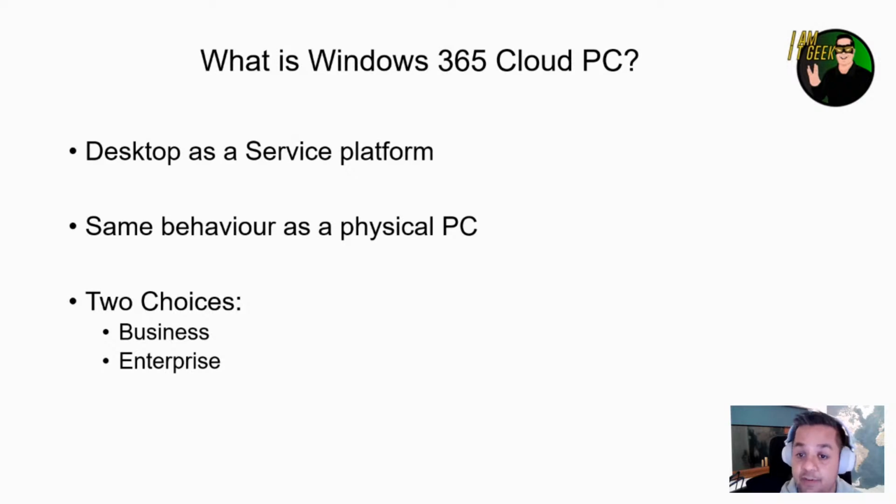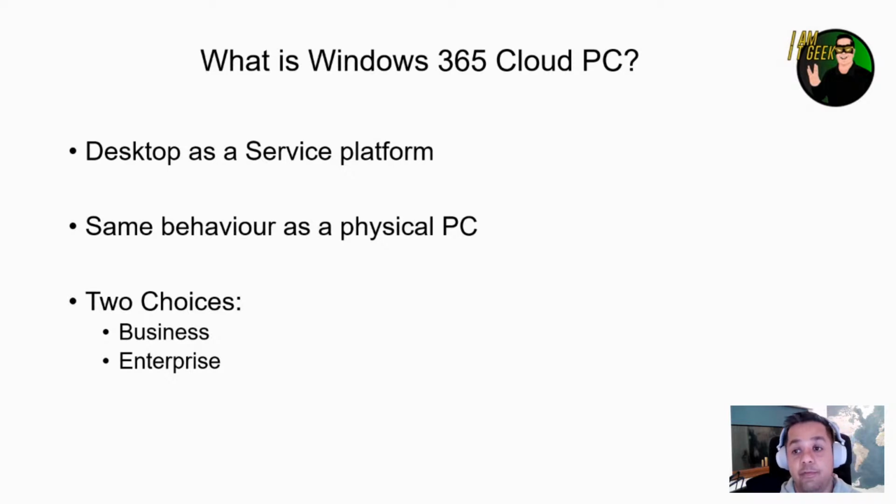The second main difference is that this enterprise version integrates with Microsoft Endpoint Manager, so you get all that good Intune compliance policies, all that good management stuff. So you can do configuration profiles. You can use Autopilot to deploy them and all that sort of stuff there. So it's got that Endpoint Manager integration, which you don't get with business. Obviously, you pay a little bit more for that, but that's the main difference with the enterprise.